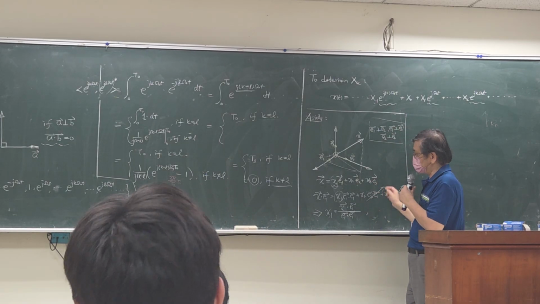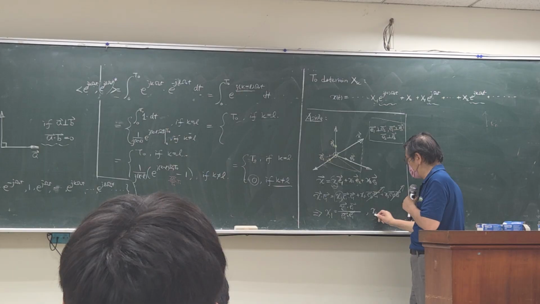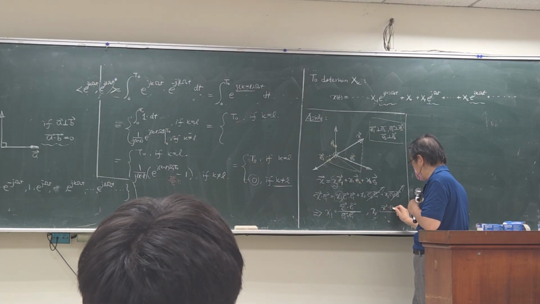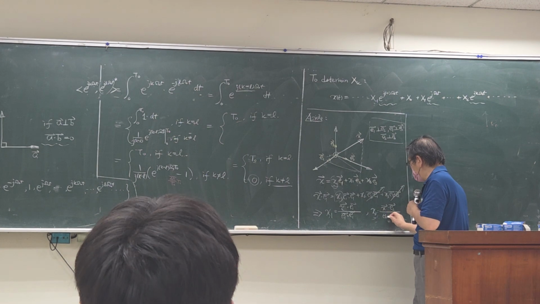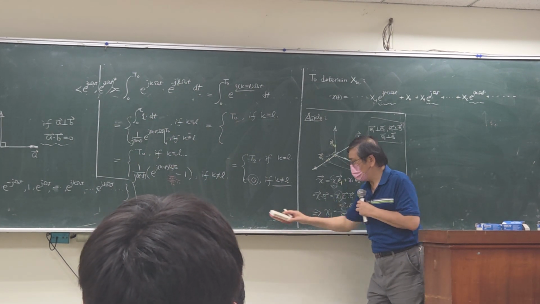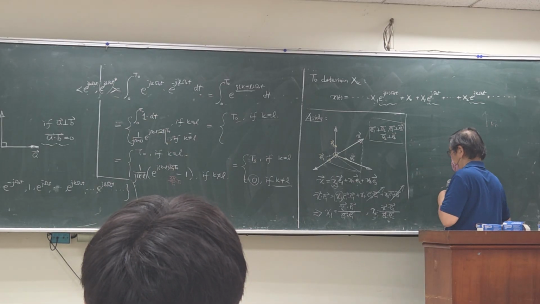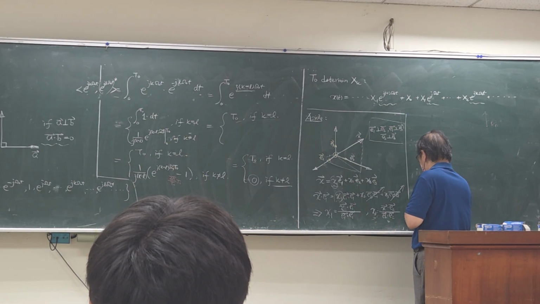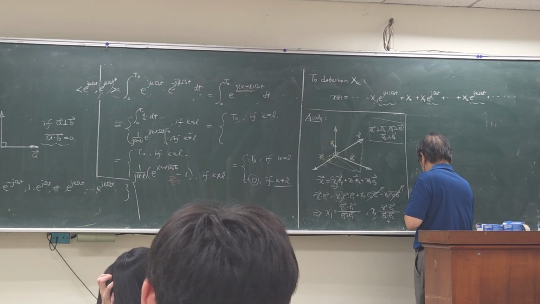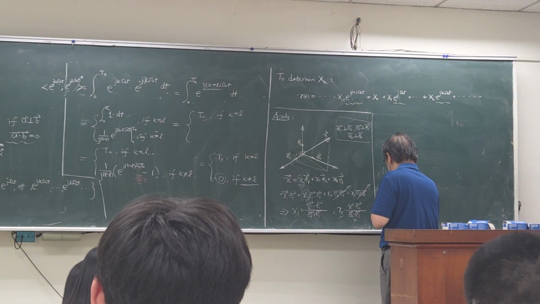And similarly, following a similar procedure, I can find x2 is equal to x dot E2 over E2 dot E2, and also for x3, x dot E3 over E3 dot E3.